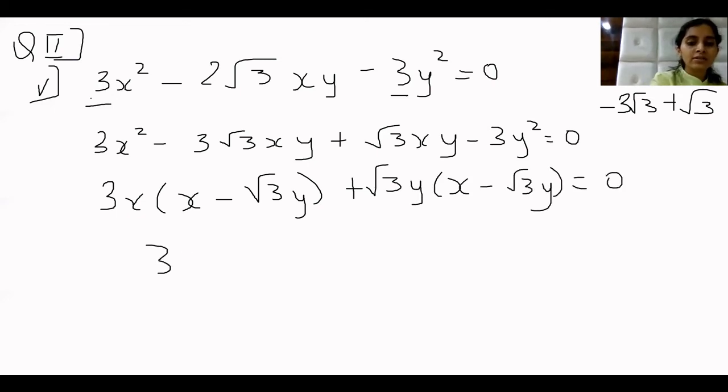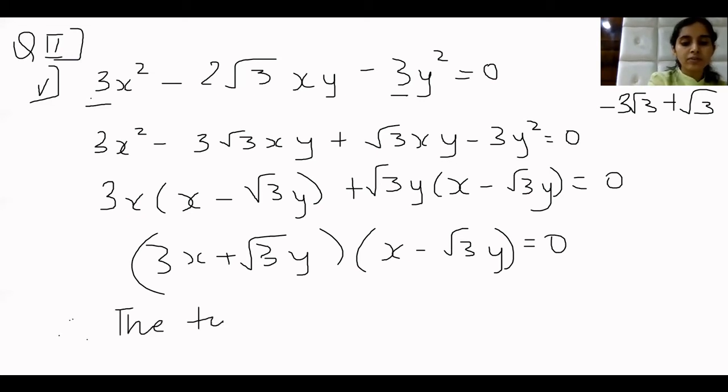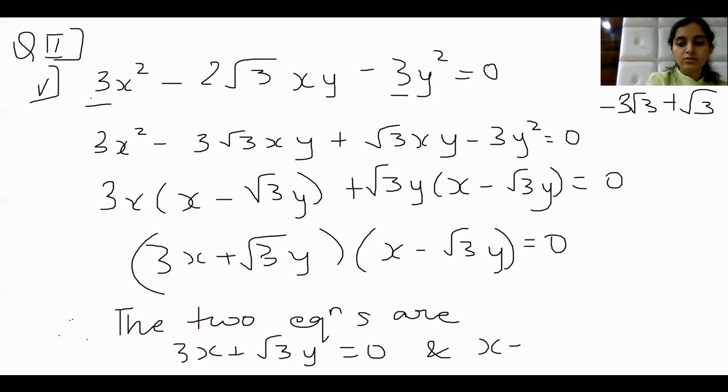So we have 3x plus root 3y and x minus root 3y as the two brackets. Separate them and they are the equations of your two lines. So therefore, the two equations are 3x plus root 3y equal to 0 and x minus root 3y equal to 0. These are the two equations. Simple.